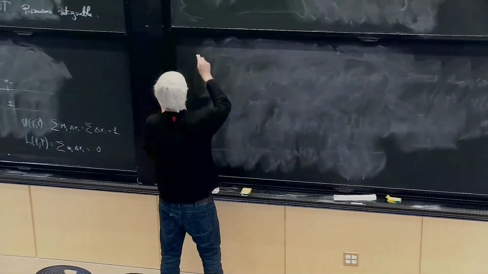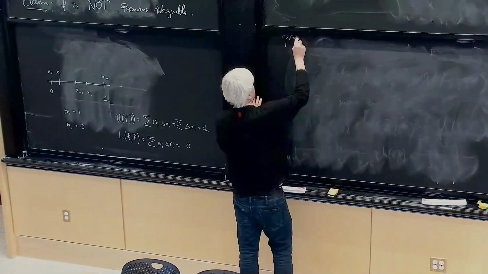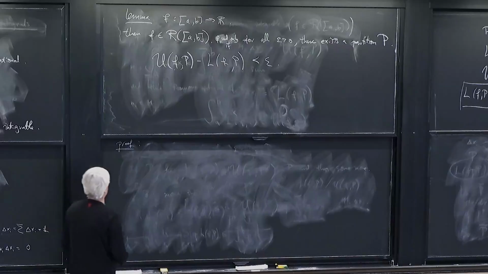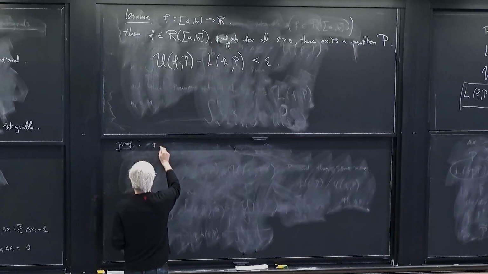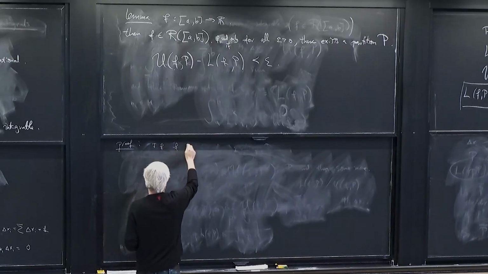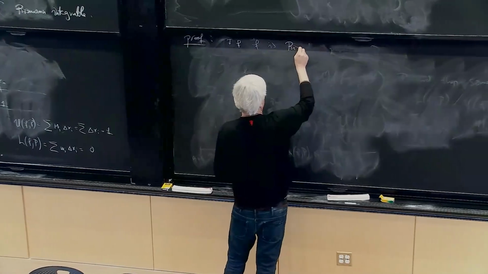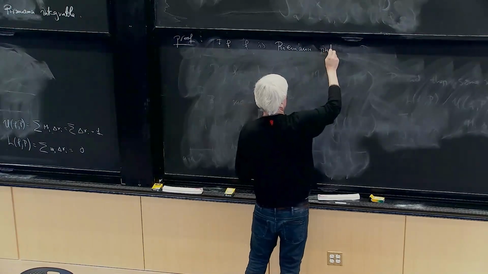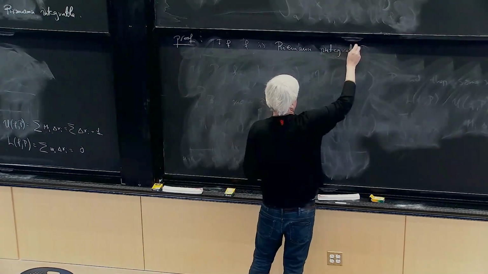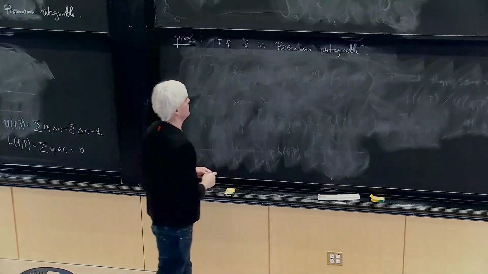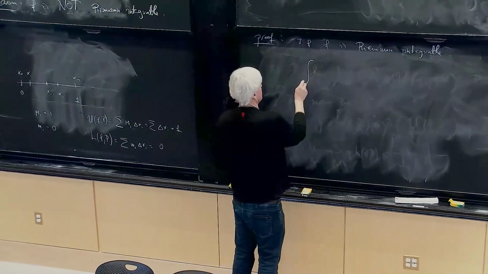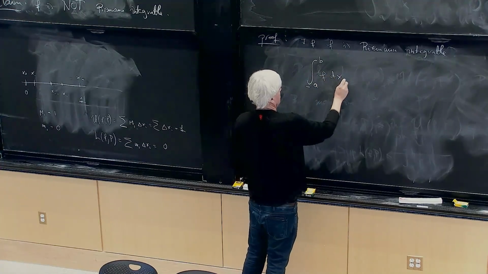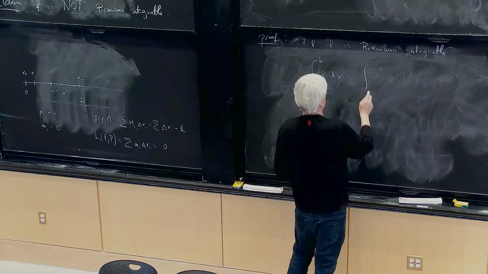So suppose that f here is Riemann integrable. Then we know that this lower Riemann integral is equal to the upper Riemann integral.